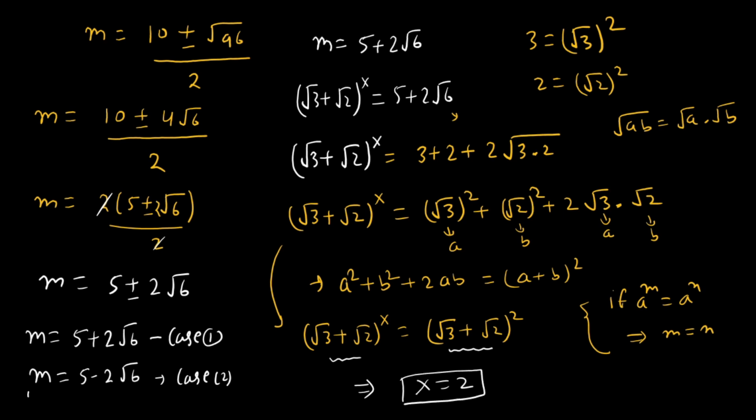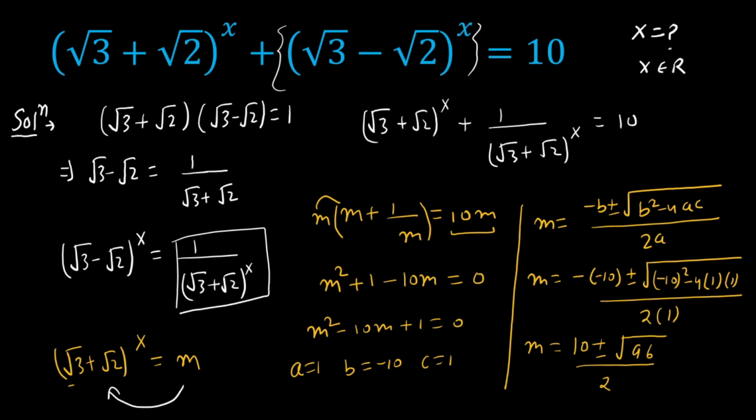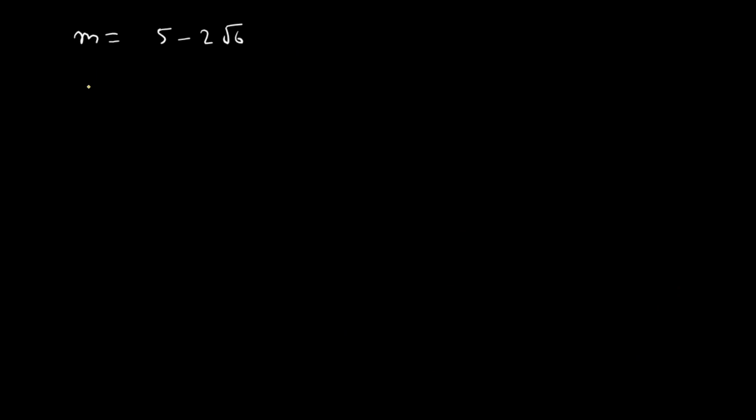Now let us consider the second case, and the second case is m equals 5 minus 2 times square root of 6, and we know that the value of m is (square root of 3 plus square root of 2) power x.